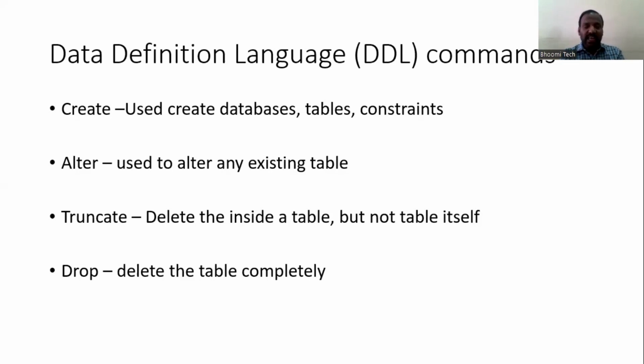In alter table, we can add a new column or remove a column, rename a column, or specify some constraints on the column like primary key, null, not null, unique. These are some of the constraints we can add to the column or attributes. So let's execute the alter command.